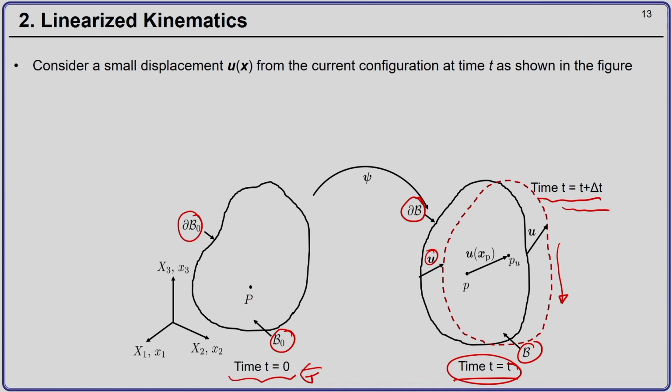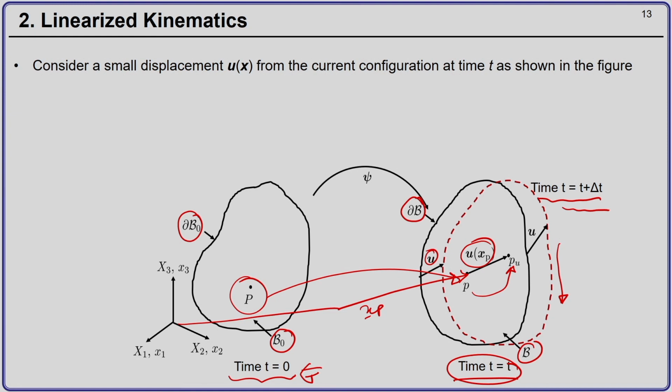So, that the point P in the material configuration, which had deformed to small p in the spatial configuration, now goes to Pu, where the displacement of point P is a function of its spatial coordinate x p. Okay, x p is the spatial coordinate of point P.